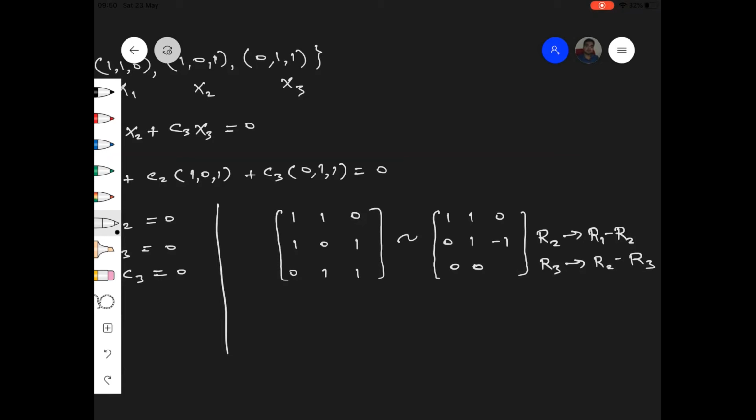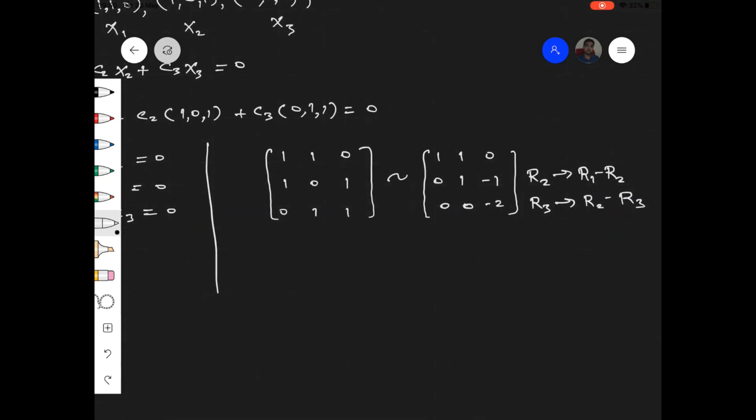So this is the row reduced echelon form in its final form, and let us rewrite the equations to find its solution. The first equation would be C1 plus C2 equals 0. The second equation will be C2 minus C3 equals 0. And the third equation will be minus 2C3 equals 0.